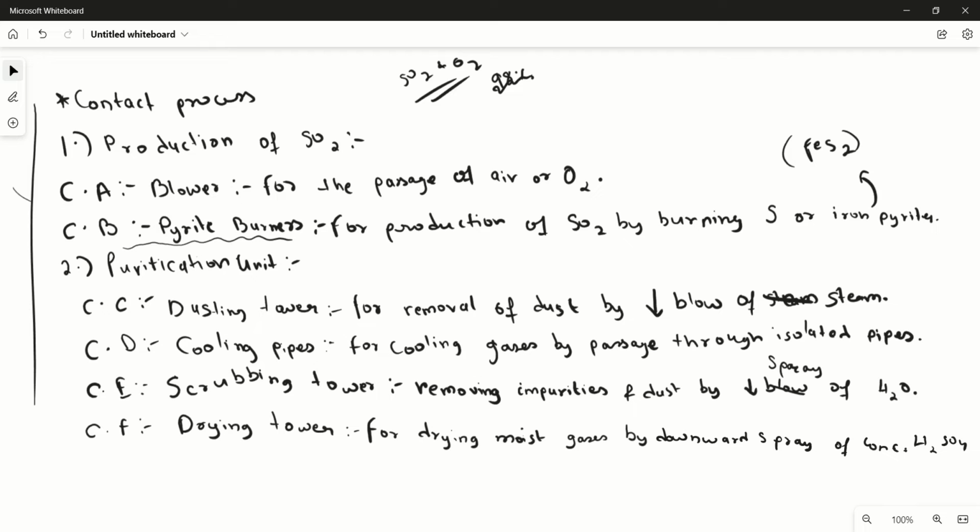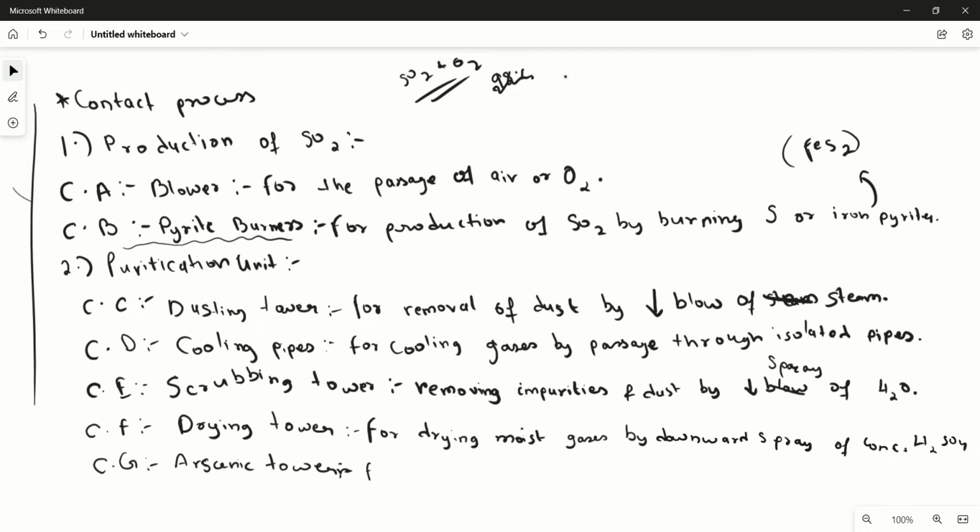So there's chamber C, D, E, F: dusting tower, cooling pipe, scrubbing tower, drying tower. Everything is great. We have chamber H now, or chamber G, sorry. This is called the arsenic tower. What could arsenic do here? So, for removing any arsenic oxide, by passage of ferric hydroxide. Arsenic oxide will react, I'm not sure how, but well, it will.